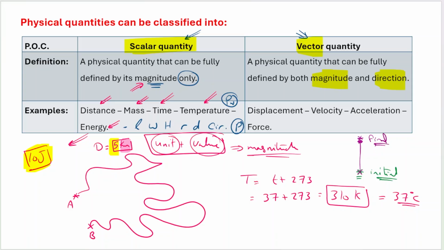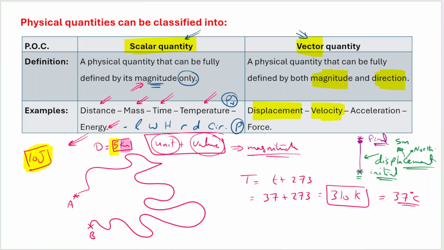In this case, if I'm telling you a distance followed by a direction, this is not distance, this is called displacement. As you can see, displacement has magnitude, which is value followed by unit, and direction. In this case, it was to the north. So displacement is a vector physical quantity because it has magnitude and direction.